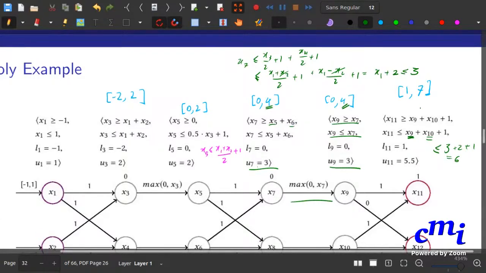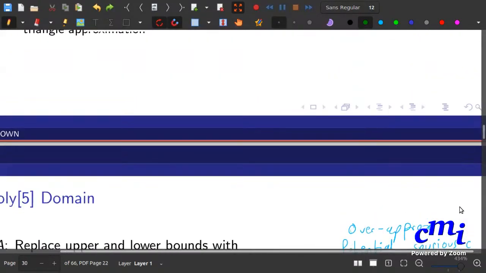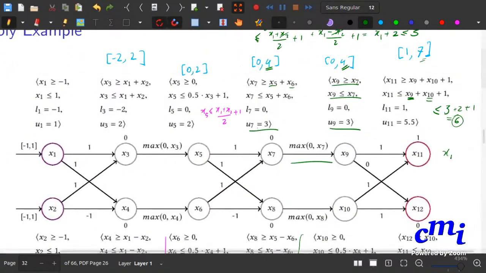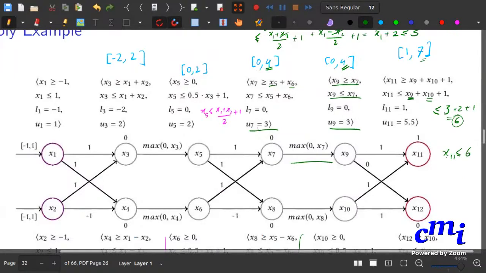Notice that previously our bound was 6. And even if we do nothing else, not even any further substitution from this point onwards, just this improvement directly gives us some improvement over here. The particular property that we chose was that x11 is less than or equal to 6.